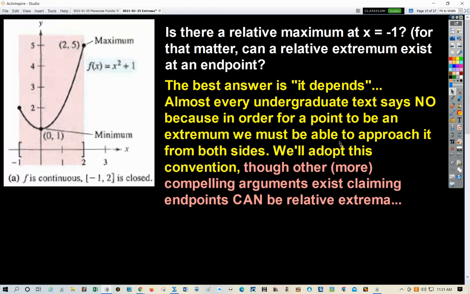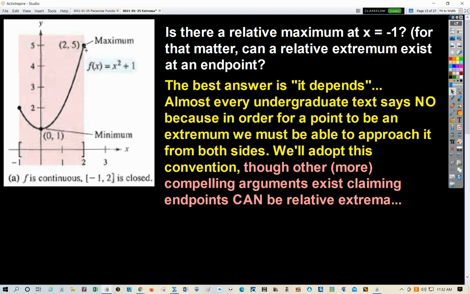But at the endpoints, we couldn't do that, right? So we had to define these one-sided limits where we're approaching from the left or approaching from the right. And so because we have a vehicle like that for approaching a point from one side or the other, it just stands to reason that these really should be considered relative extrema, right?